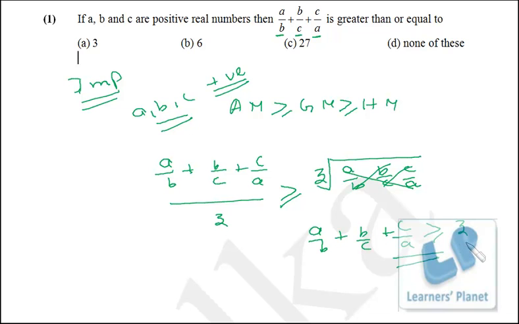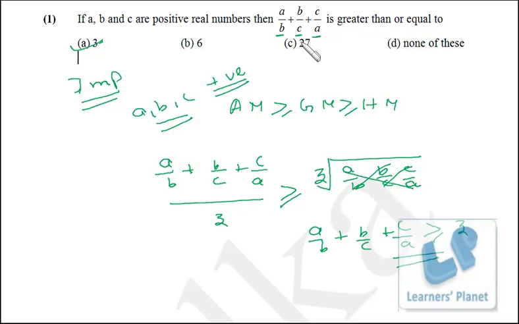That means this expression is always at least 3. Okay, it will be 3 only in one case, when A is equal to B is equal to C, right? So minimum value will be 3. Otherwise, if A, B, C are unequal positive numbers, then the value of this expression will be greater than 3. Okay, now this is what the concept is.